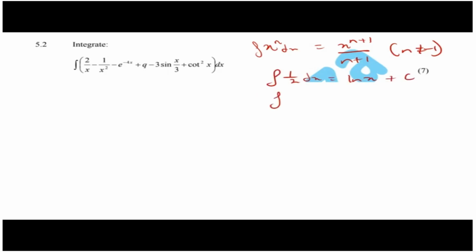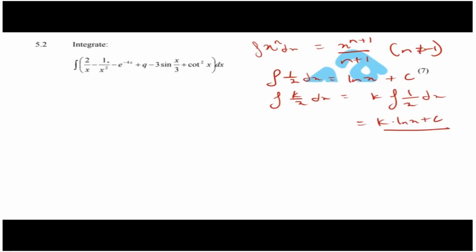Or if you have the integral of k over x, which is k times the integral of 1 over x dx, it is equal to k times ln x plus c. Okay, so you don't need to simplify the first term.